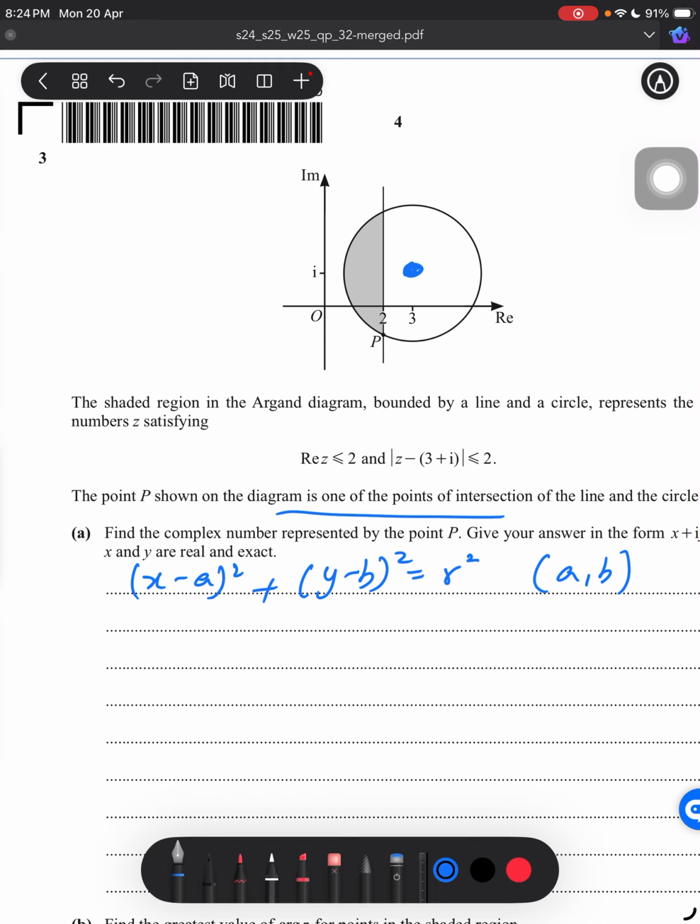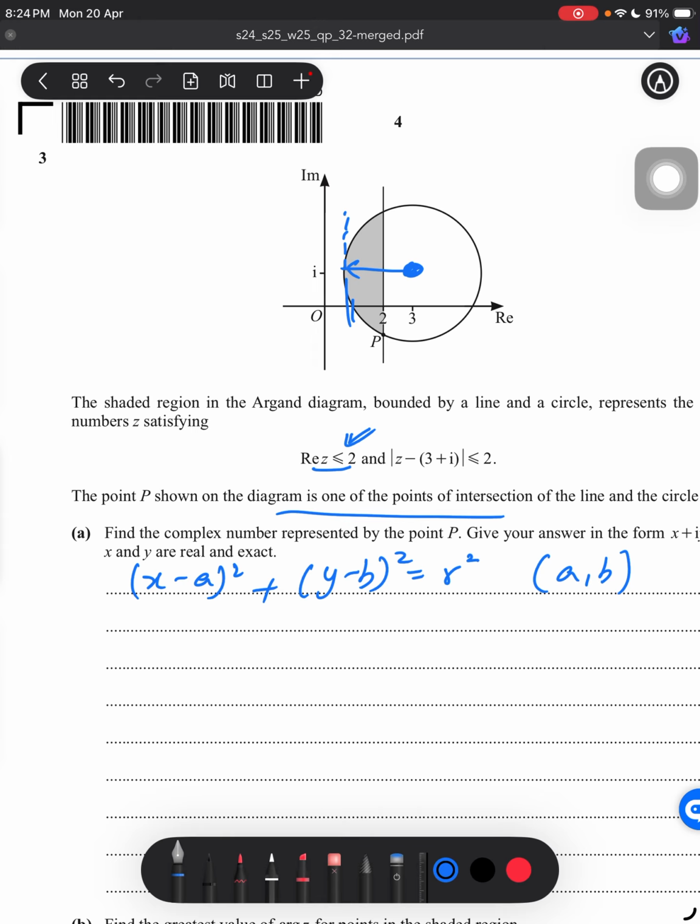If you want to go from here to here, if this is 1, it would be 2. Also, it's given that Re z is less than or equal to 2, so the radius is 2. The radius can be easily given there.